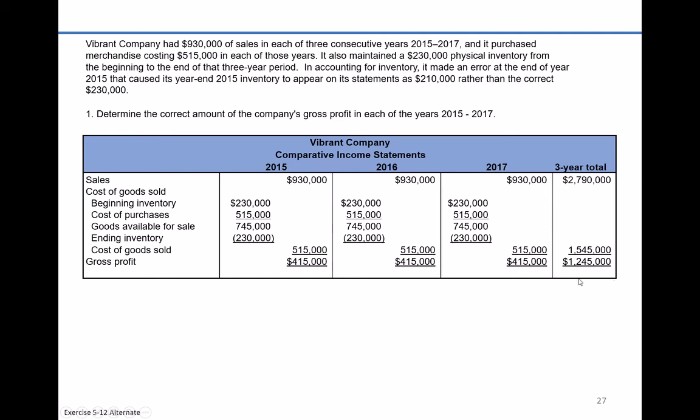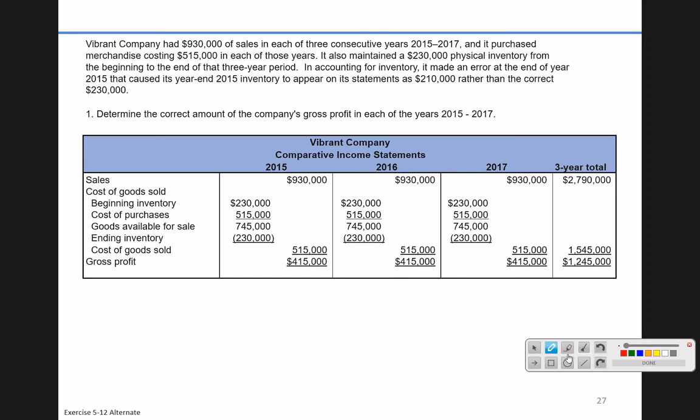That's an important number to pay attention to, that $1245. The $1245 is significant because all the years together are totaled up. Now notice that gross profit for 2015 was $415, and that's the same for all the subsequent years. Keep that in the back of your head as we move now to the second part of the problem.